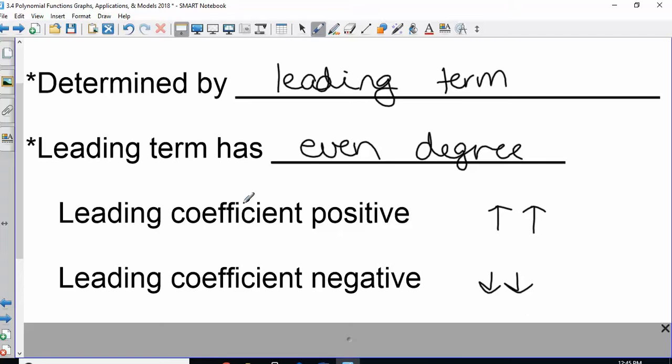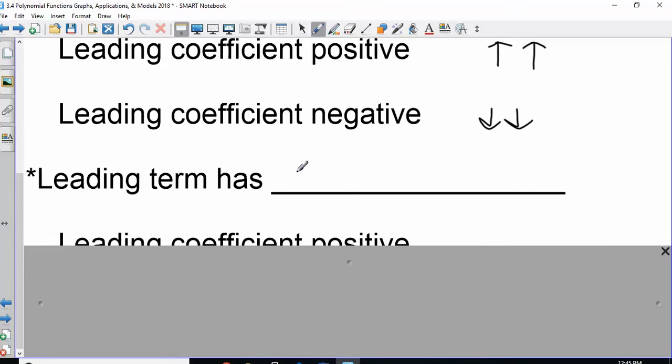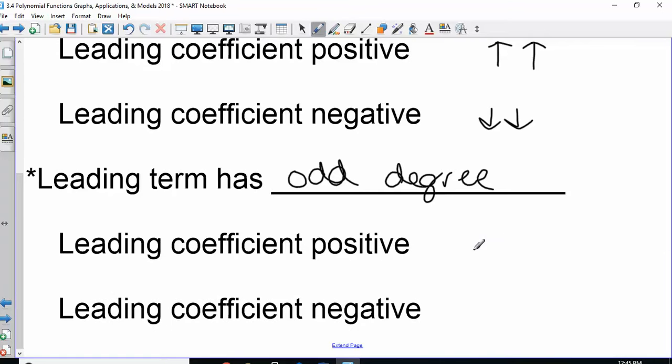So if we have an odd degree, then if it's a positive, it's going to look like our x cubed, which the left side was going down and the right side was going up. But if we had a negative, what would happen?